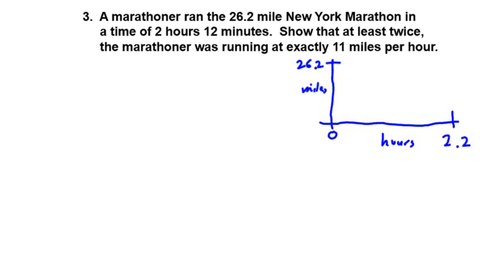And so over 2.2 hours, we're going to be covering 26.2 miles. So we can represent our average rate of change over that distance. It's going to be the slope of the line from the origin. So I'm going to just write here, slope of this line equals average rate of change.